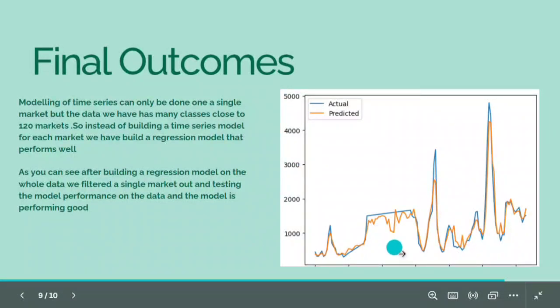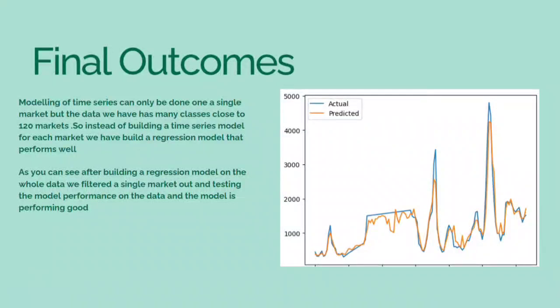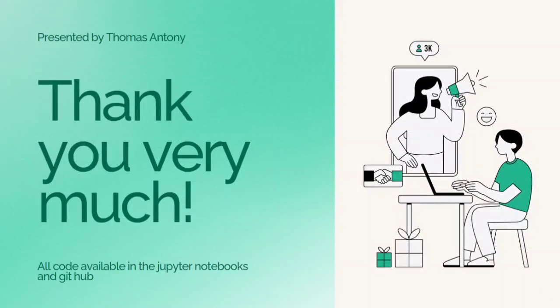We can see that even though the actual value is being smoothed, the predicted values are able to capture the cyclical and the trend patterns in the data. So thank you, and we will move on to the notebooks.